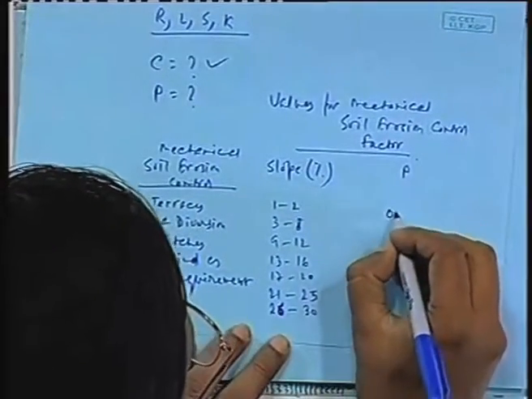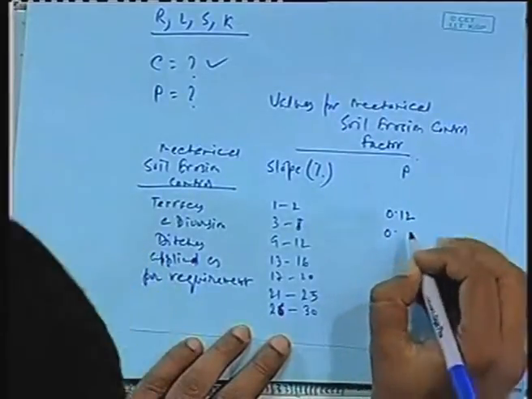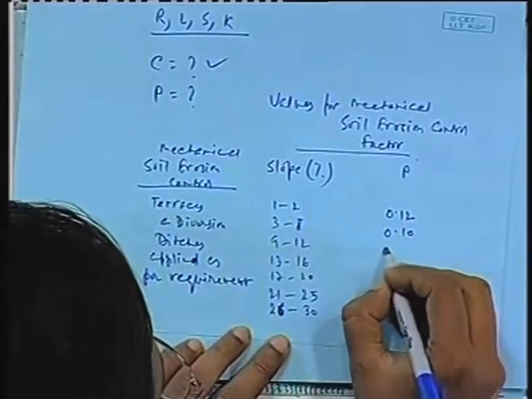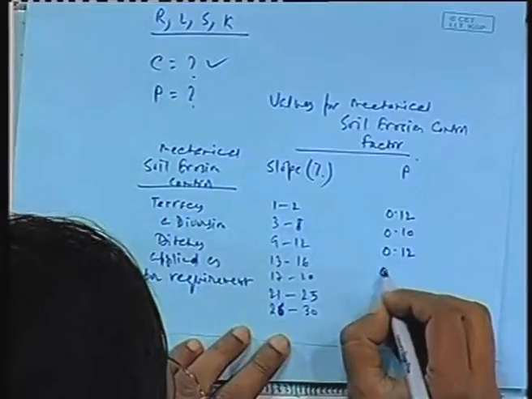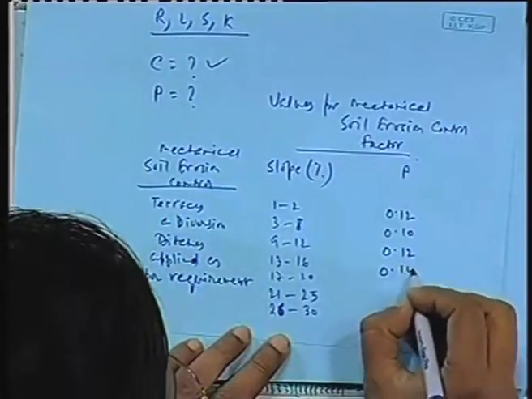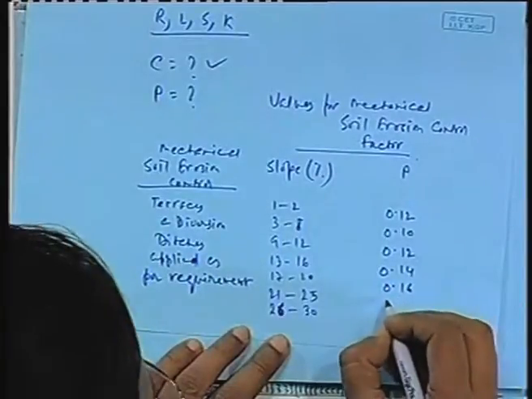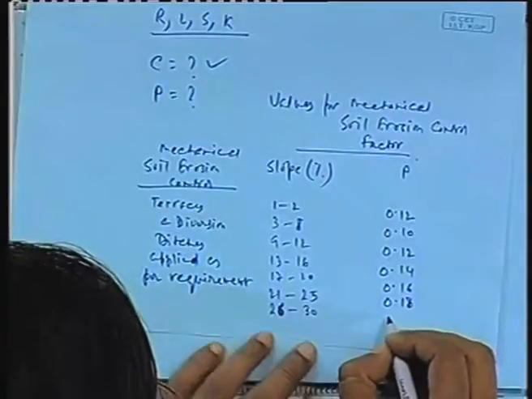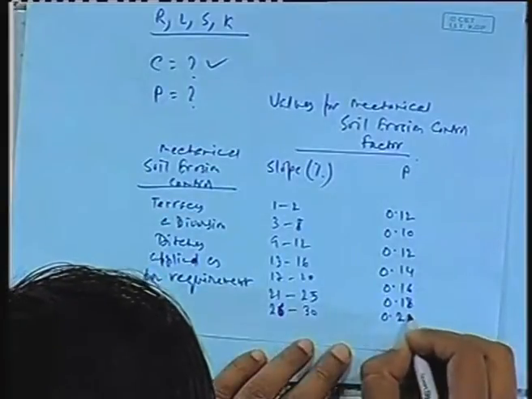The value of P here is 0.12, 0.10, 0.12 again, 0.14, 0.16, 0.18, and this one would be 0.2.